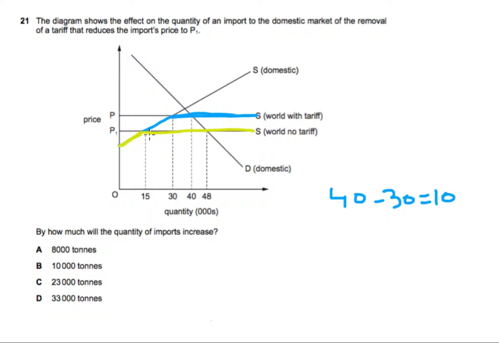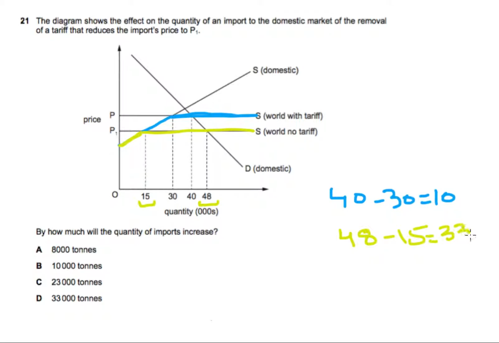All right. So in the domestic market, we are using 15,000 units, and in the international or the world market, we are on 48,000. So the difference between 48 and 15 is the new level of imports. So 48 minus 15 is equal to 33.